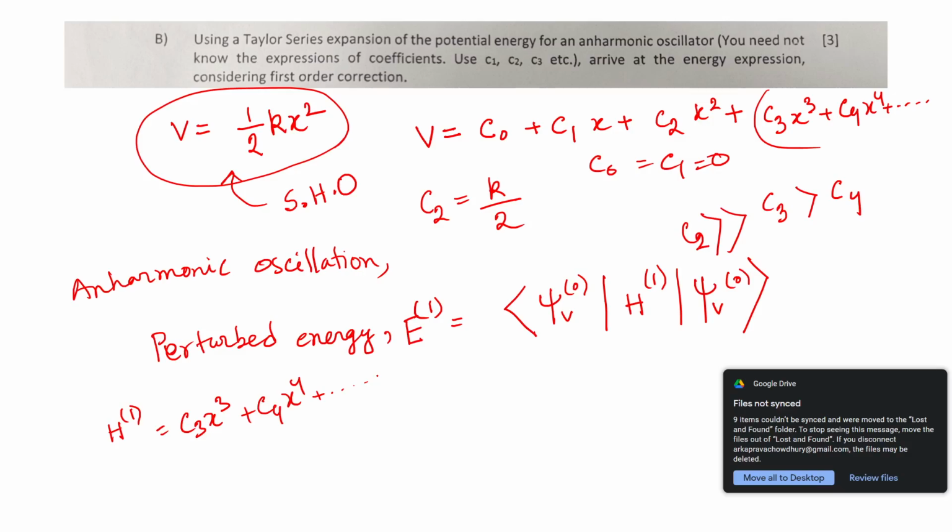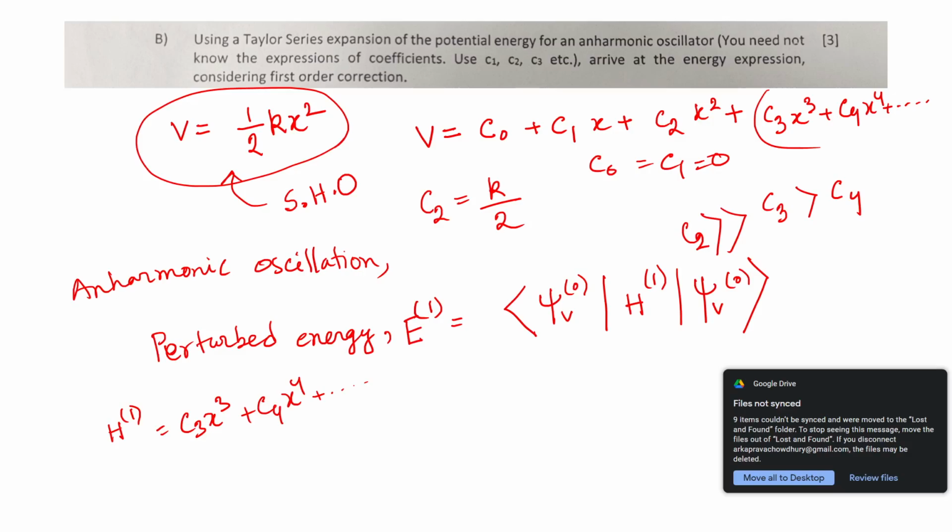These terms can come as my perturbation. Now when that comes as a perturbation, the problem becomes very easy, because it doesn't matter whether the wave function is symmetric or antisymmetric, whatever my value of v is. It is going to depend on the symmetry, so only one will survive.